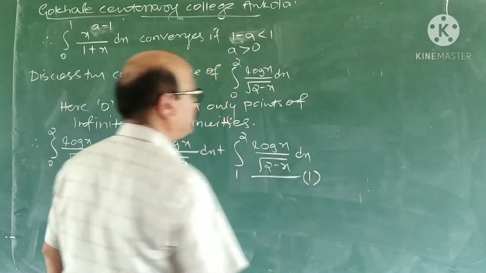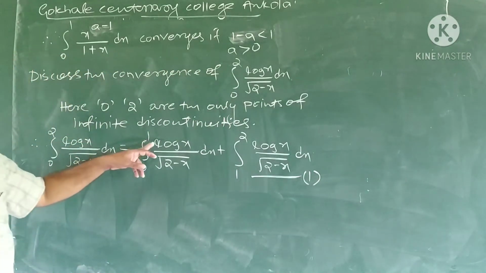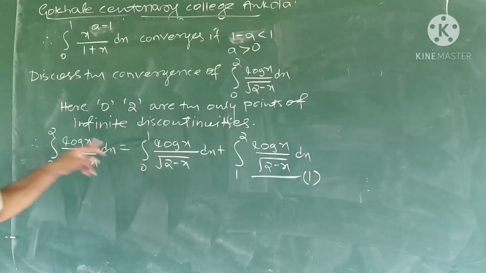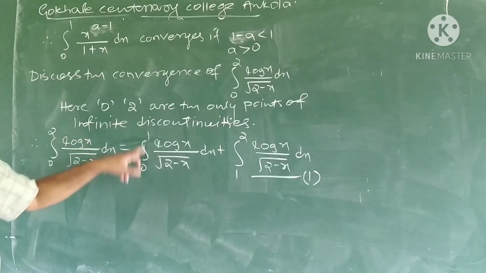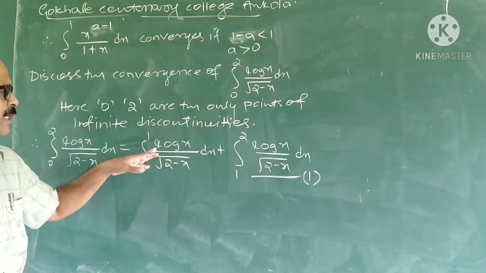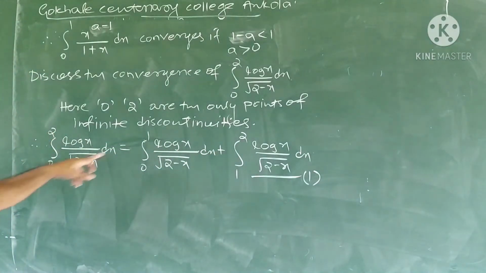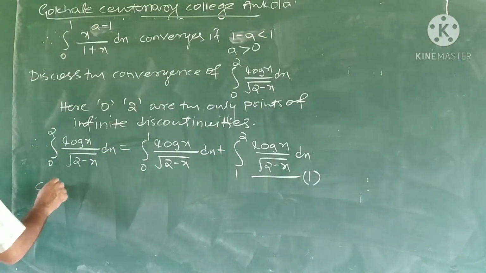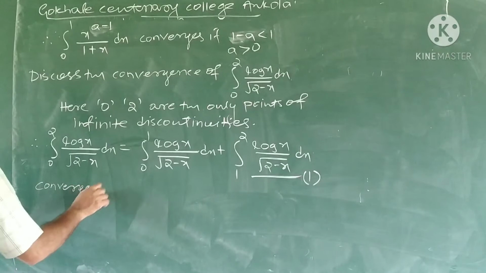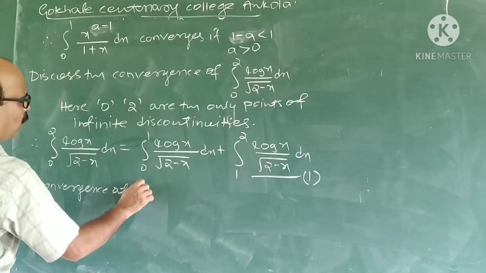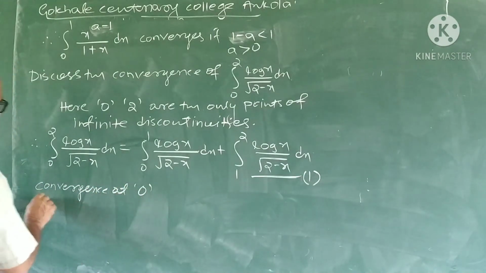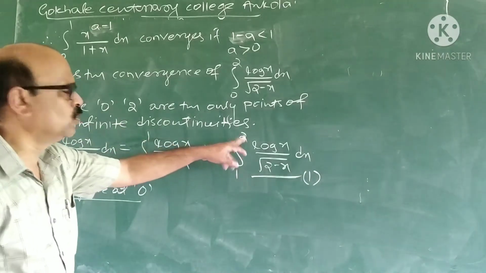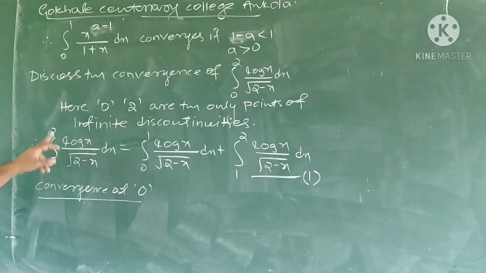Because 0 is a point of discontinuity and 2 is also a discontinuity, in such cases, we take a point in between these two, 1 it is. Now, first convergence at 0. If it converges at 0 as well as 2, then only we say that this converges.